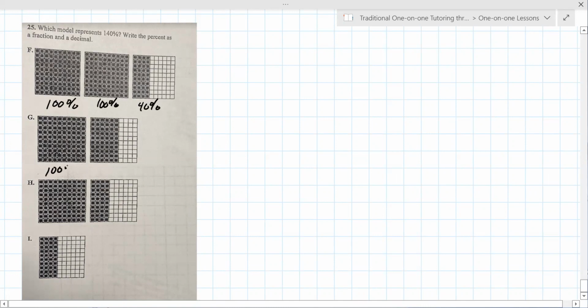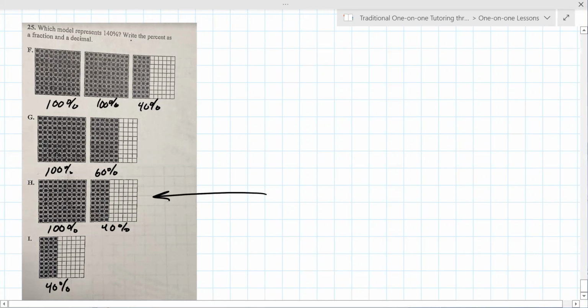This next one is 100%, and then 60%. And then this next one is 100%, and then 40%. And then the last one is 40% here. So which one represents 140%? Hopefully you can see there, it's letter H.